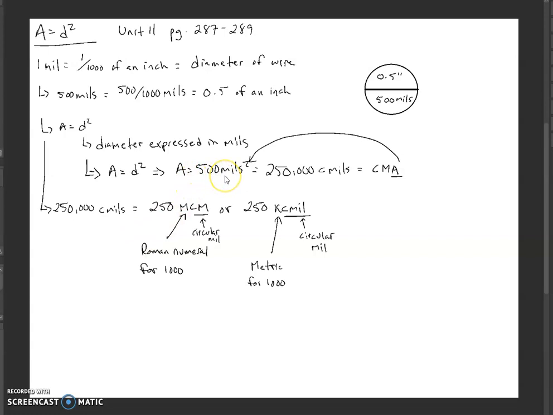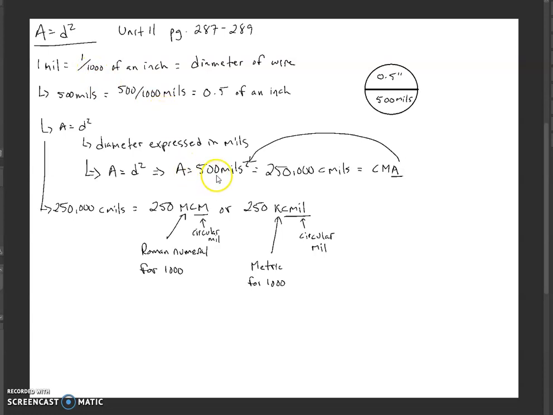The diameter that we're squaring, the area equals the diameter squared, is the diameter expressed in mils. So this diameter we'll say is half an inch. It is also known as 500 mils, because 1 mil is 1/1000th of an inch, and 500 parts of 1,000 is half of that.